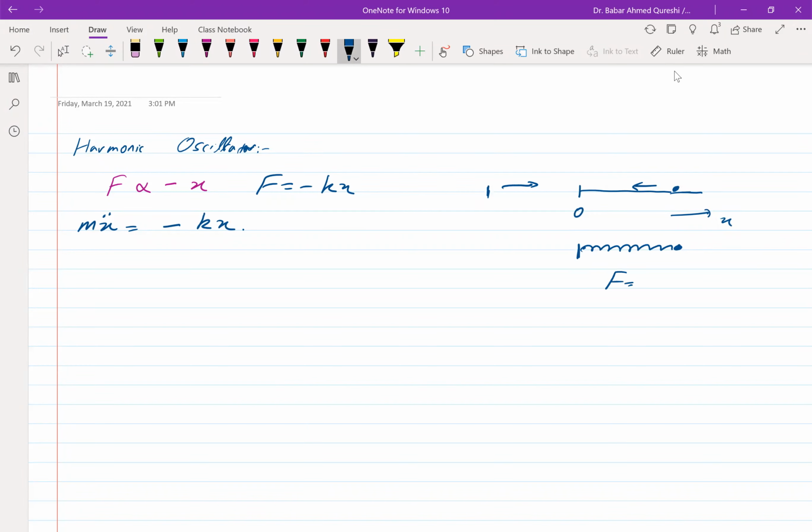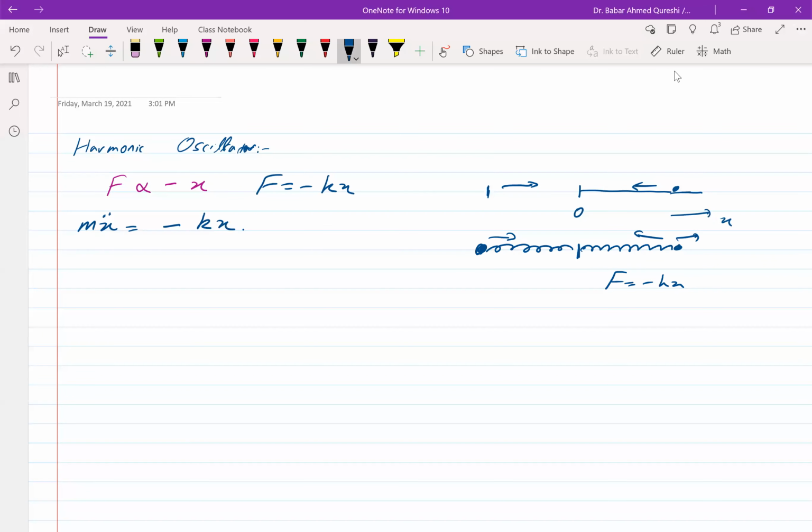A spring's force is of this kind. You pull it outwards and the force pulls you in, and the more you pull it, the harder is the force which is pulling on the particle. It doesn't matter which way you are pulling it. It's always pulling it inwards, and it's linearly increasing. As you pull the spring more, there is more force.